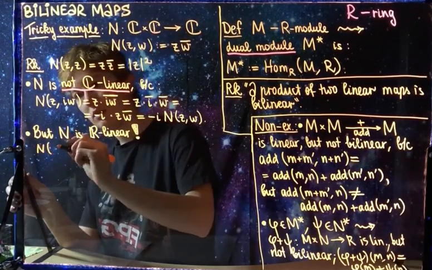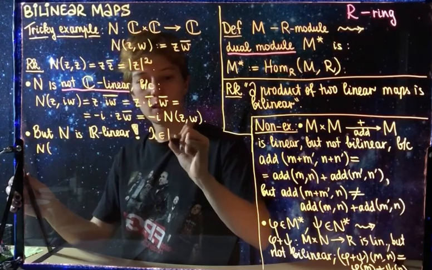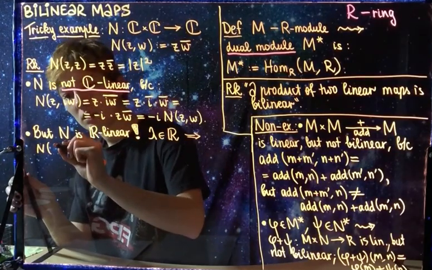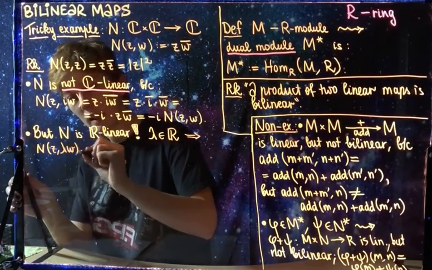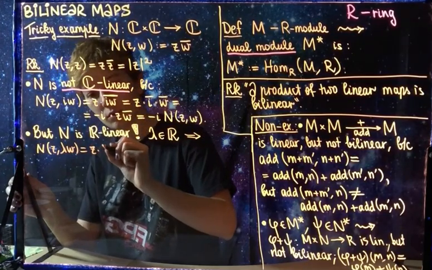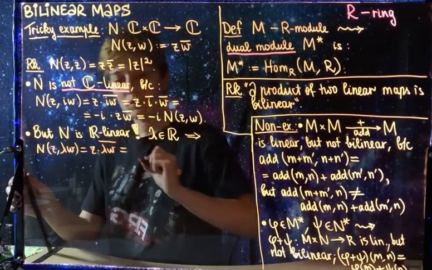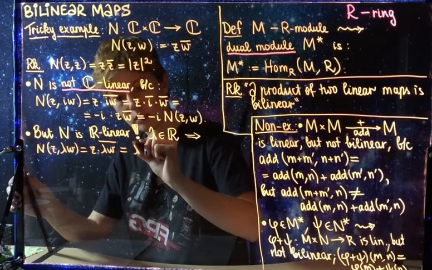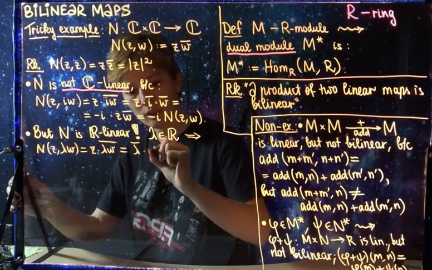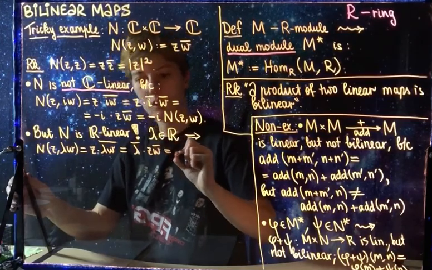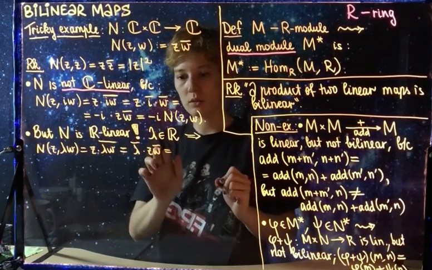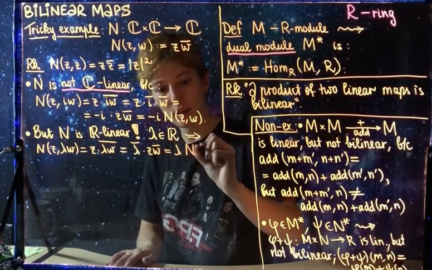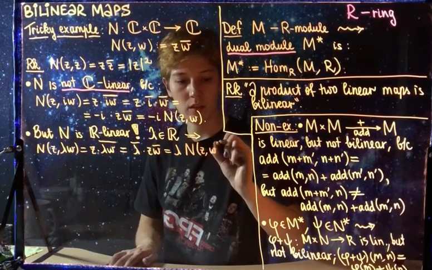So if lambda is a real number, then N applied to Z comma lambda W is equal to Z times lambda W complex conjugate. And so we pull lambda out. So lambda bar here times Z W bar. And lambda bar is equal to lambda because its imaginary part is equal to 0, because lambda is a real number. So it is equal to lambda times N of Z comma W.